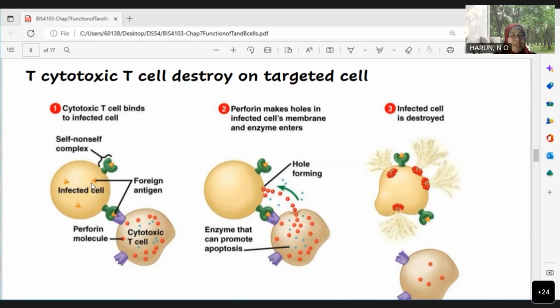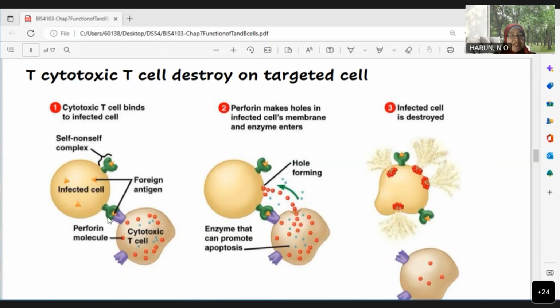Then it will be sent into the cells, our APC, where the small debris of the foreign particles will be fused with this particular antibody, and also presented on the surface of this APC. At the same time we do have the MHC. So this is one of the MHC complexes that will present the foreign antigen.